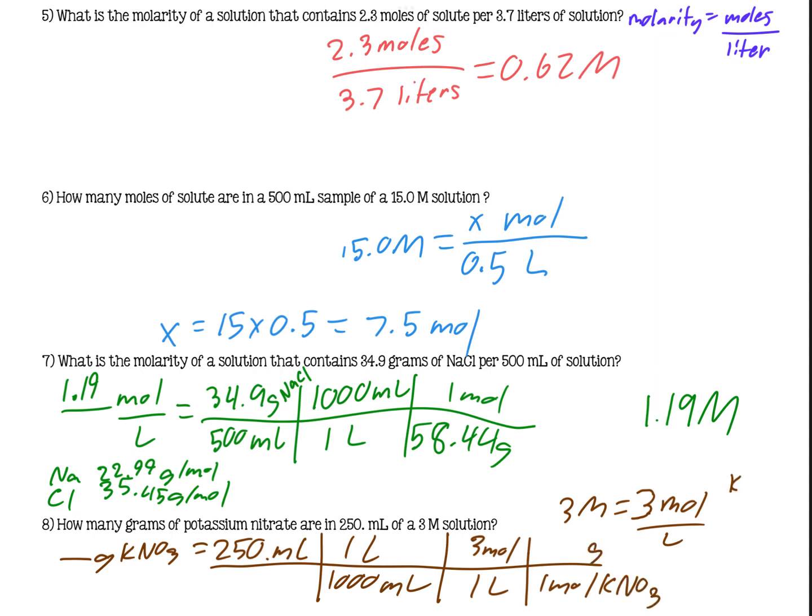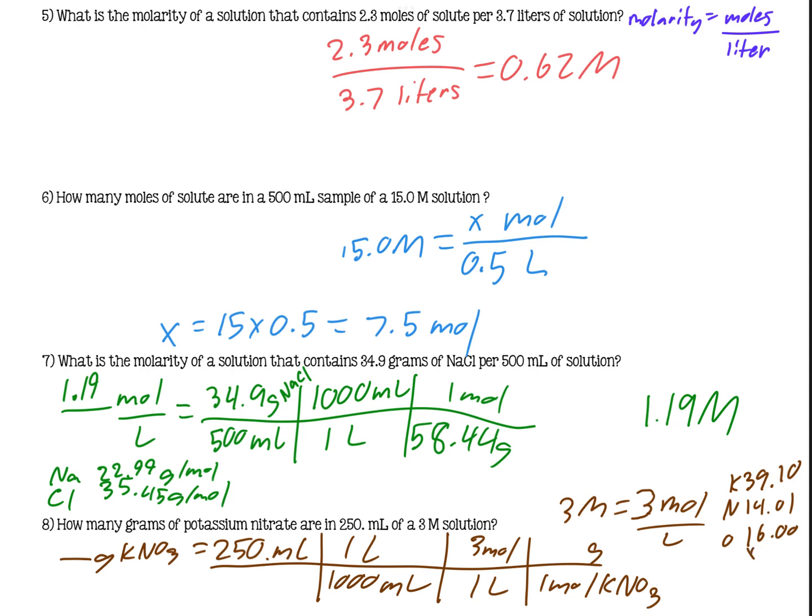Potassium has a molar mass of 39.10 grams. Nitrogen has a molar mass of 14.01 grams. And oxygen has a molar mass of 16.00 grams.